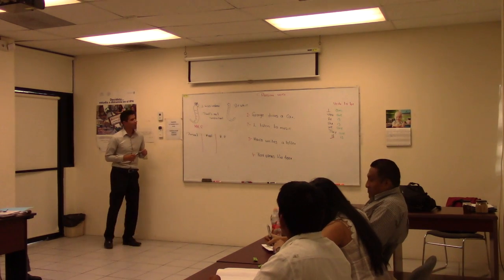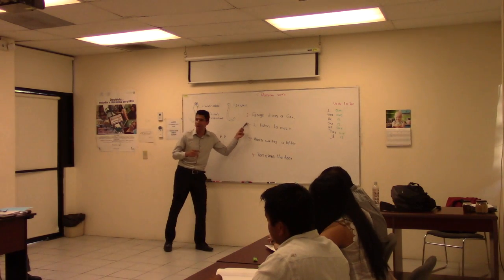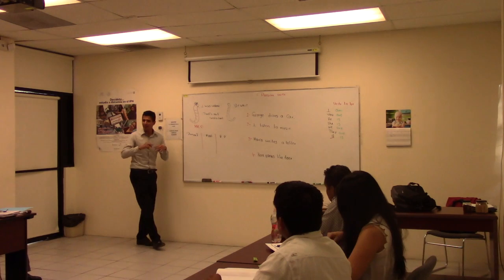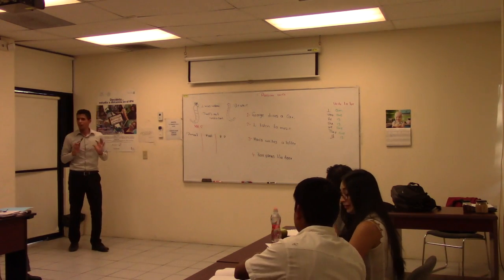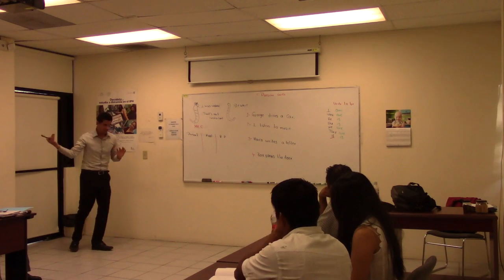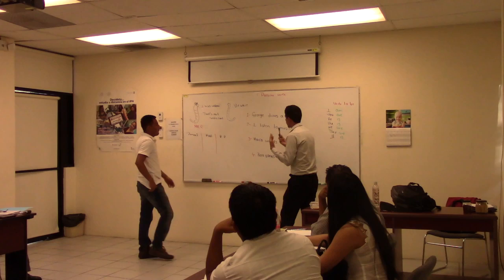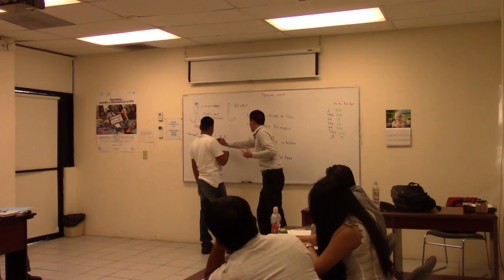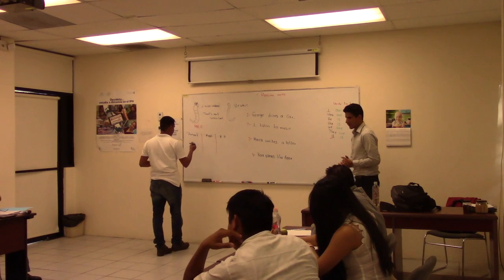Alright, so I need one volunteer. One volunteer for number 1. Who said I? Please. Alright, so this is what you're gonna do. Please come here. We have the first sentence. I want you to change it to the passive voice and also write down here the 3 forms of the verb, please.